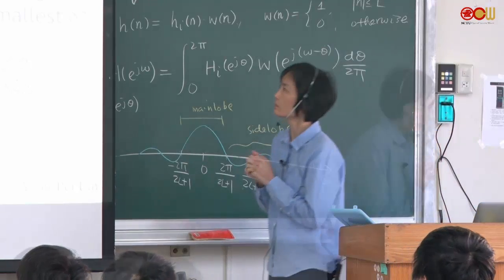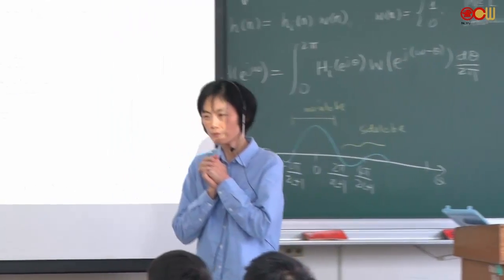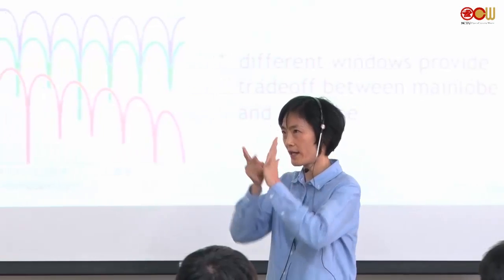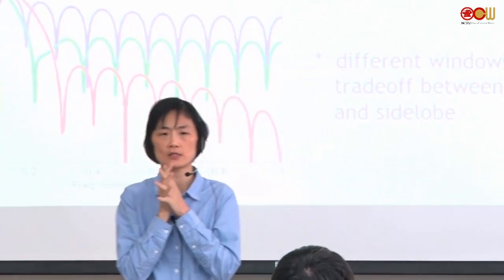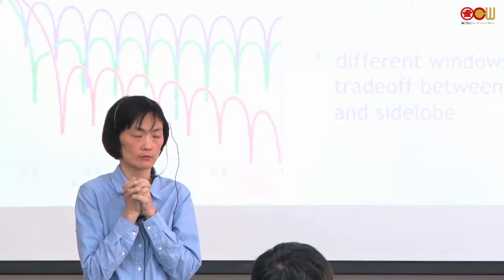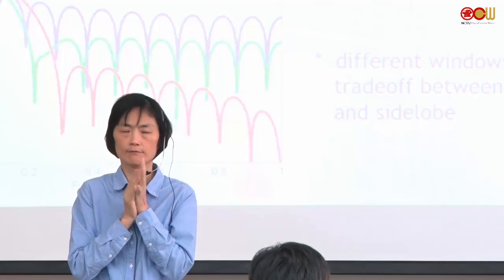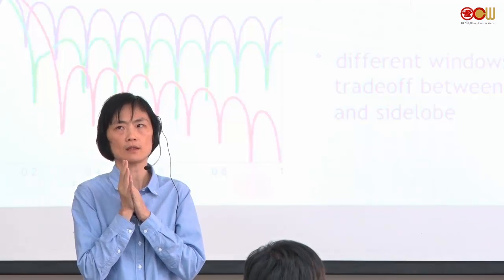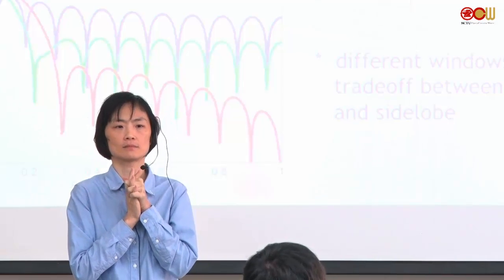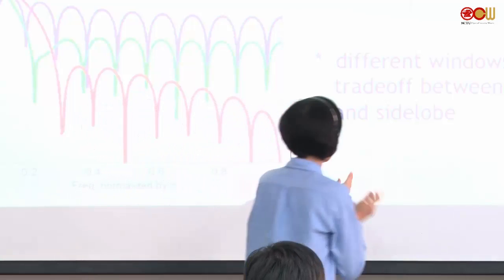Maybe let me ask you this question. Which window will give you the narrowest transition? The rectangular window will give us the narrowest transition, right? And which window will give us the best stop band? The Blackman will give us the best stop band.